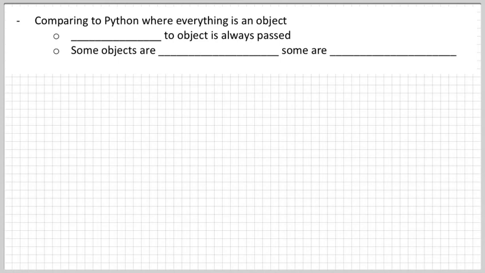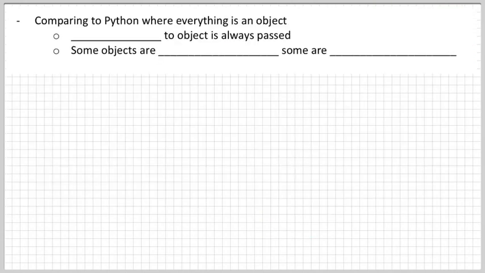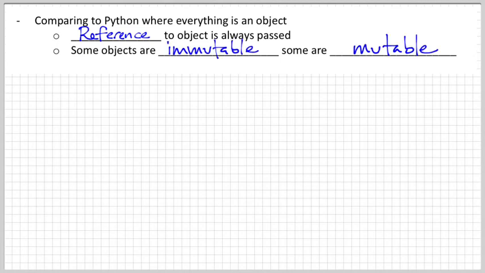Now, let's compare that to Python. In Python, everything is an object, even integers. And so in Python, it's the same concept as we see over here, where we're always passing references to that object. Now the difference is that in Python, everything is an object, and there are some objects in Python which are immutable and some which are mutable.